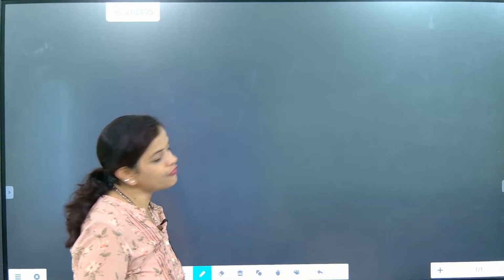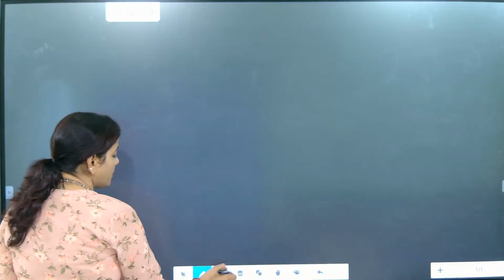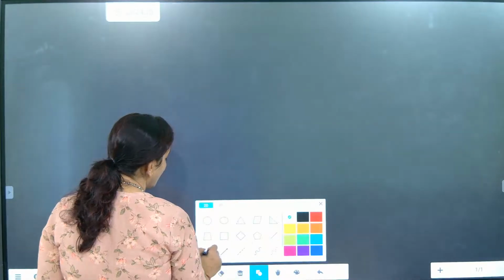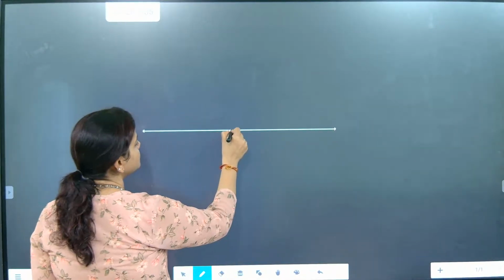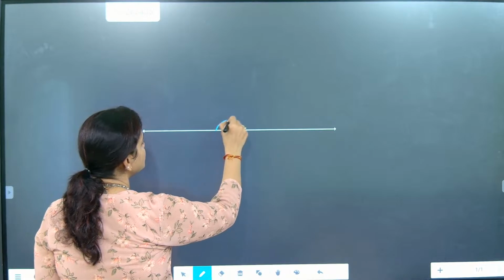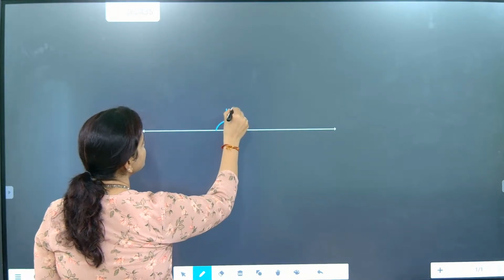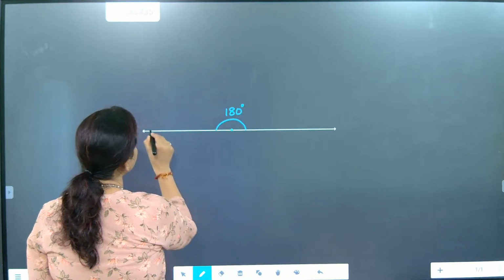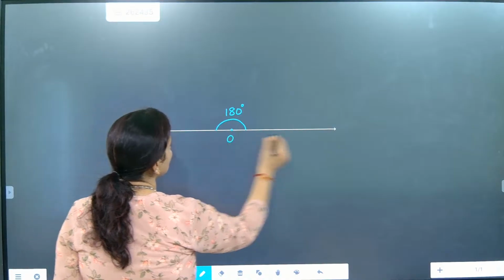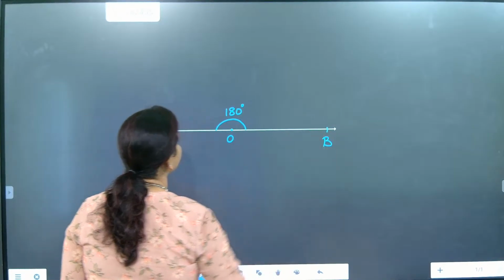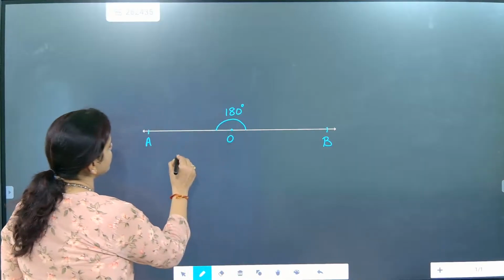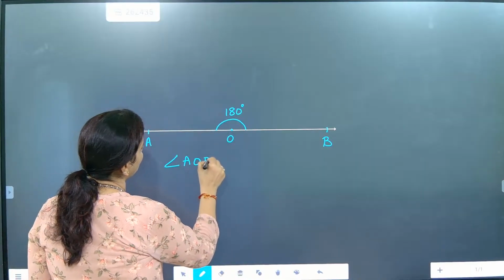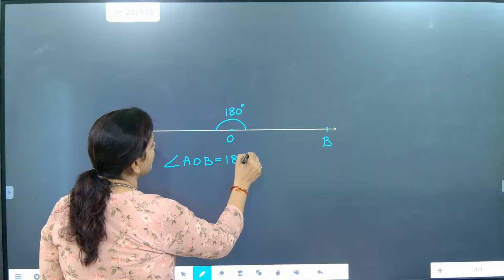So now we will go for the straight angle. If somebody asks about a straight angle, what concept do you talk about? I'm just taking one center point, and this is called a straight angle. The angle subtended by a straight angle is exactly 180 degrees.